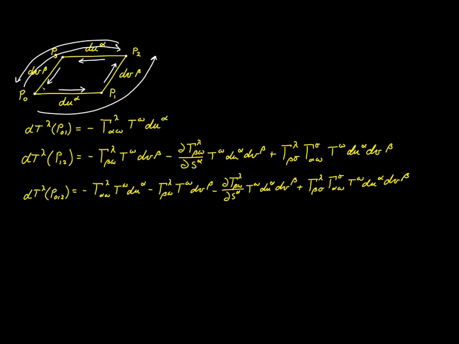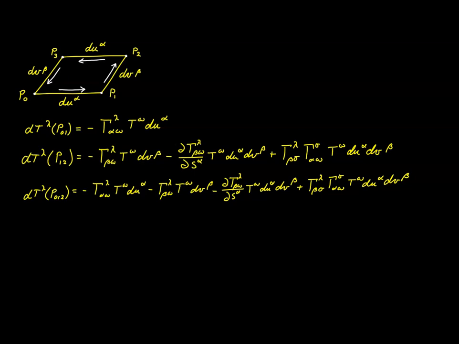So what we need now is an expression for how the vector will change when transported from P0 to P3 to P2. Well, the interesting thing is that the steps that we do here are exactly the same as the steps here if we replace u with v and rename alpha to beta and beta to alpha. It's exactly the same calculation going this way as this way, except interchanging both the variables and the indexes.